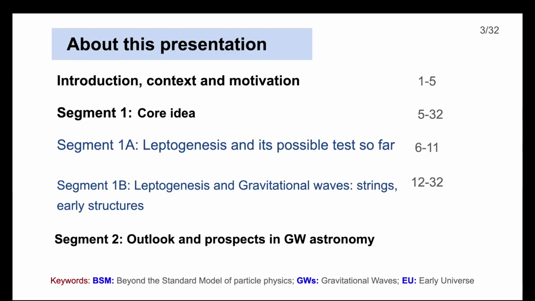I have a few formal slides on the context and motivation, and then I'll introduce the core idea of how to connect leptogenesis with gravitational waves. I have two segments. In the first, I will formally introduce what leptogenesis is, though many of you know it, and what people have done so far to test leptogenesis with particle physics experiments, in particular focusing on neutrinos. Then I'll explain why there is a slight shift of paradigm, with people now trying to connect it to gravitational waves because of lots of opportunities.